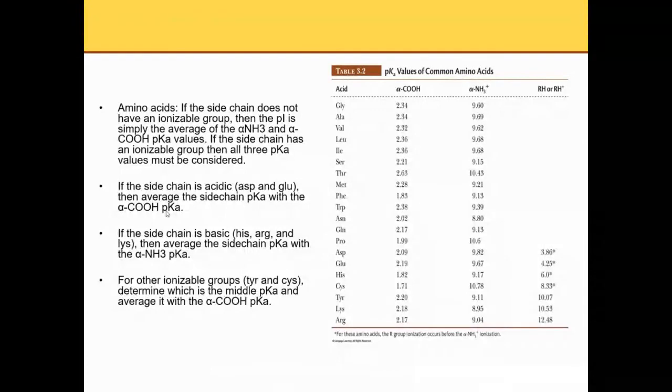That will give you the pI. So for these two, you have the carboxyl pK, 2.09, 2.19, and then this side chain pK here. So you take the average of these.